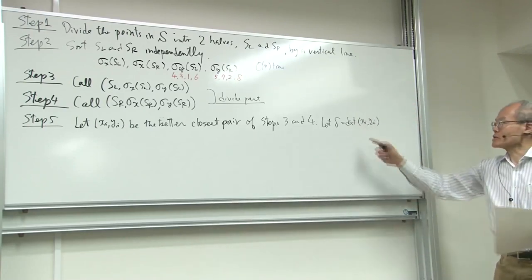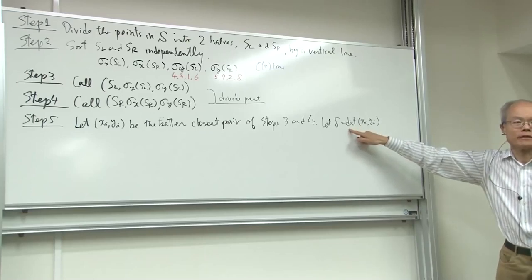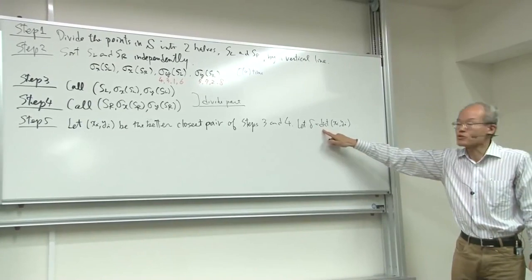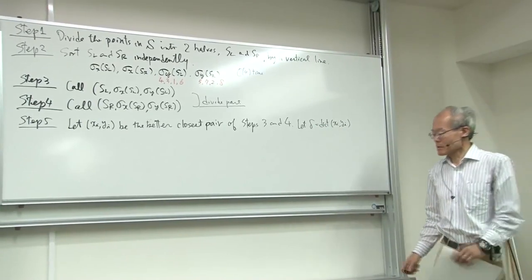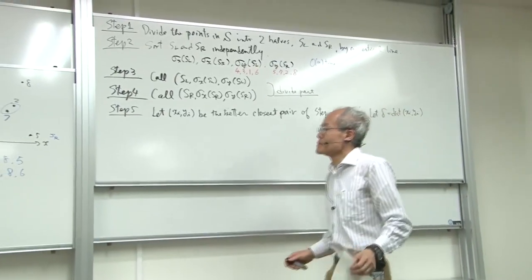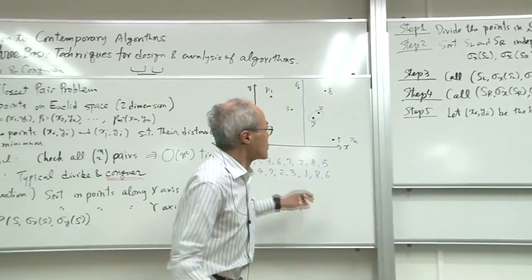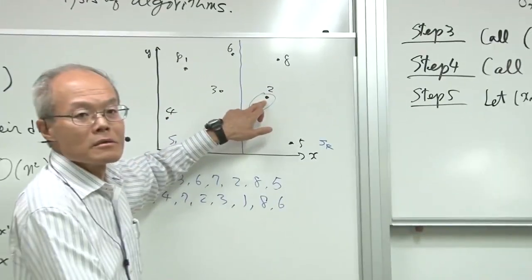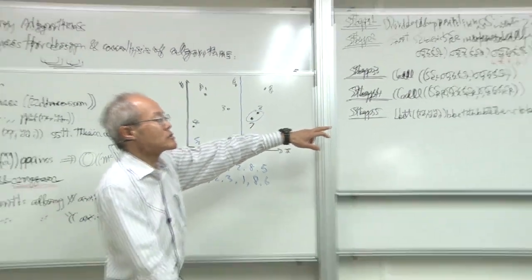I'm using this distance function, but it's obvious. So in this case, we already obtained this one as the better closest pair.